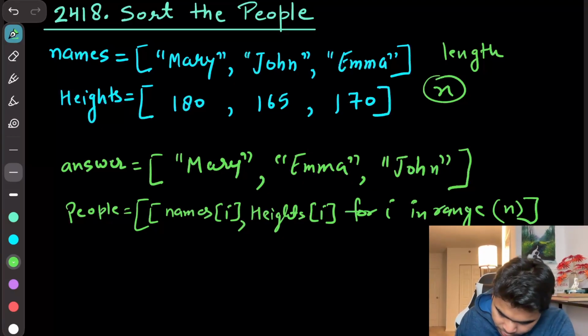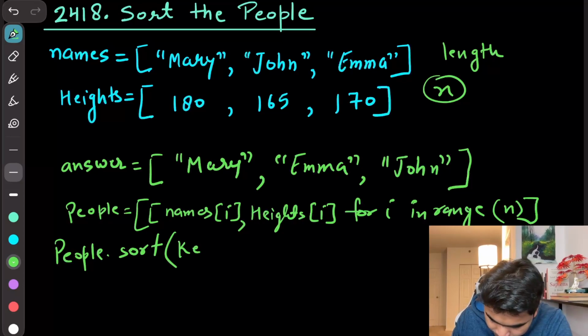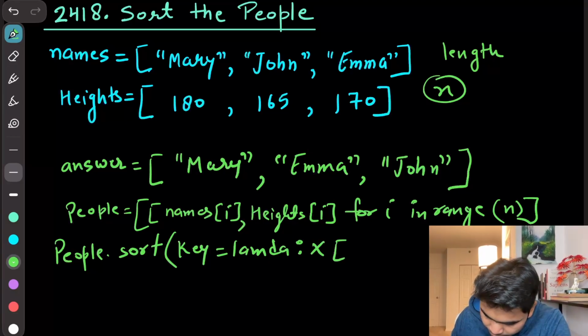Now I have people, then I'm gonna sort people. So people dot sort, and the key is gonna be a lambda function, where x would be, I think the second is height, so basically the first index.